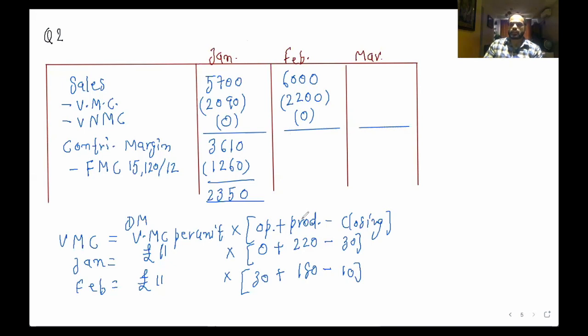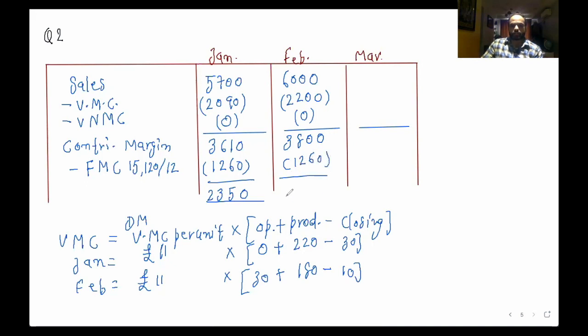Contribution margin is 3,800. All right. And fixed manufacturing cost will be the same, 1,260.